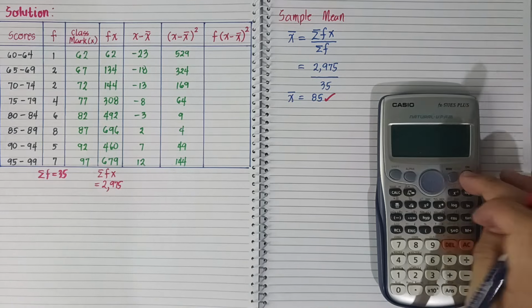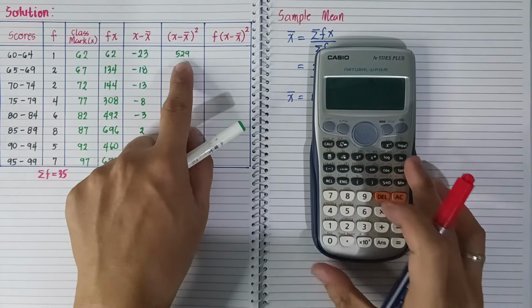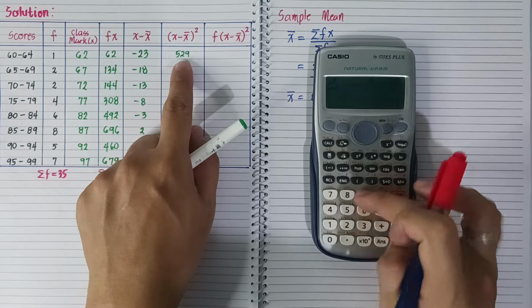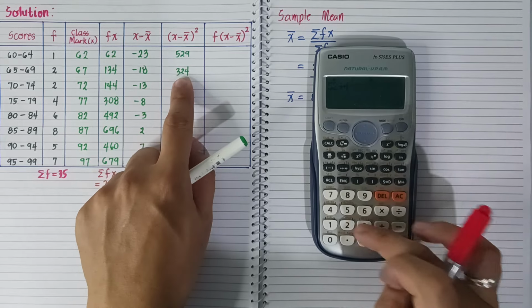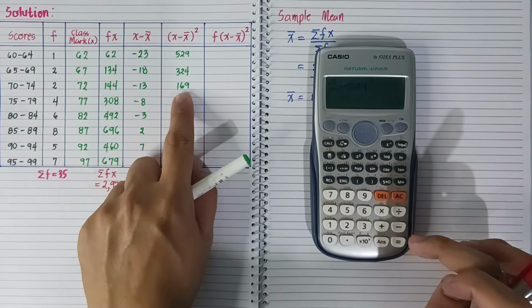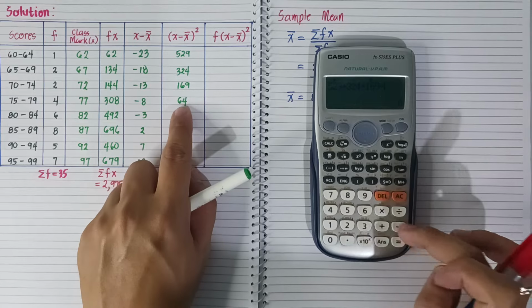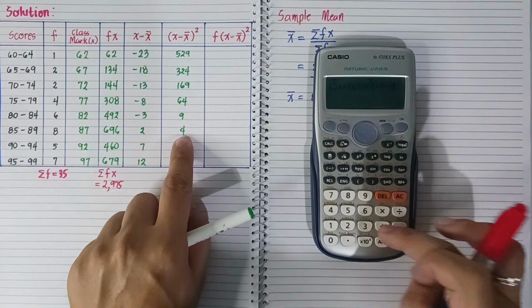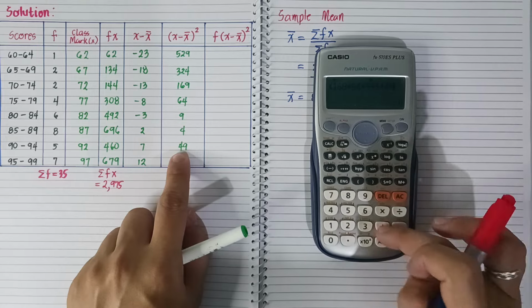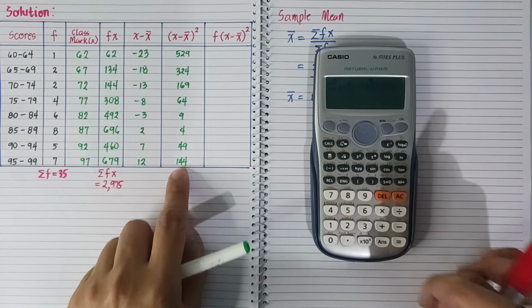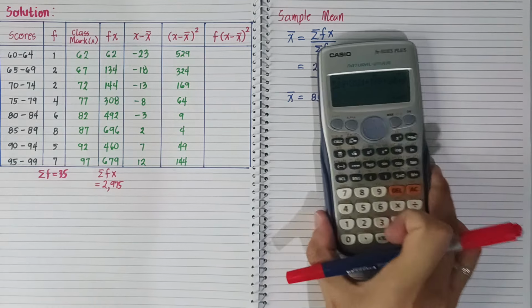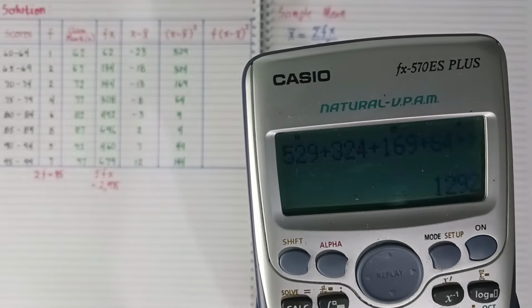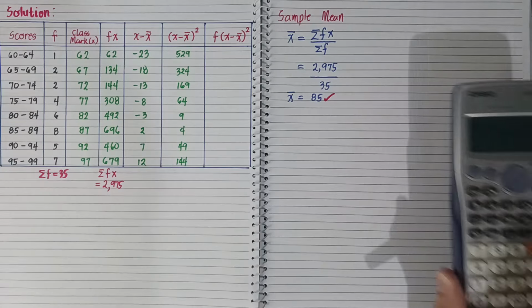Itong second to the last column, 529 plus 324 plus 169 plus 64 plus 9 plus 4 plus 49 plus 144, with a total of 1,292.